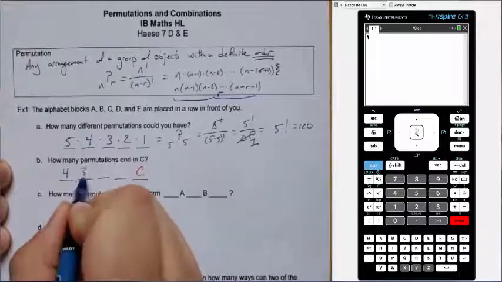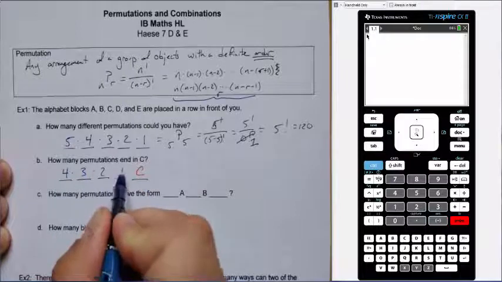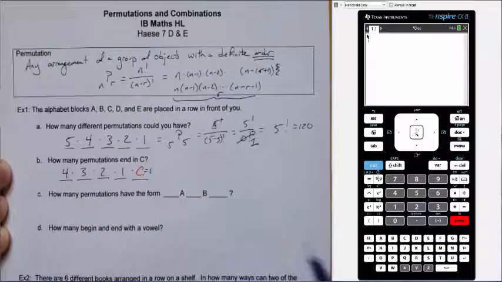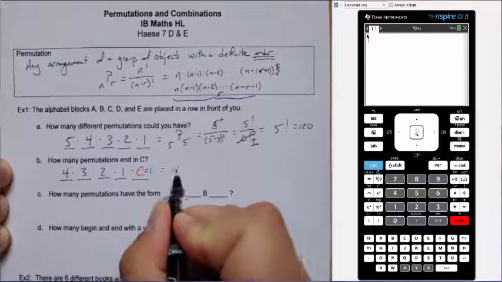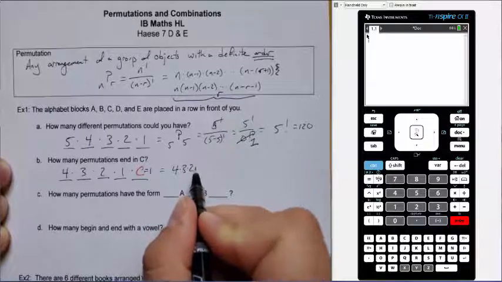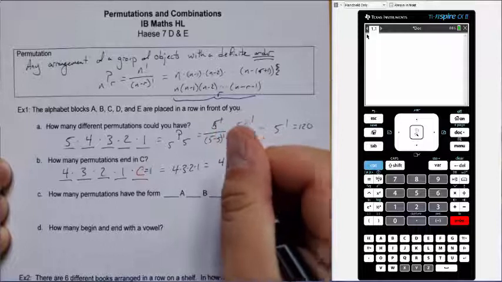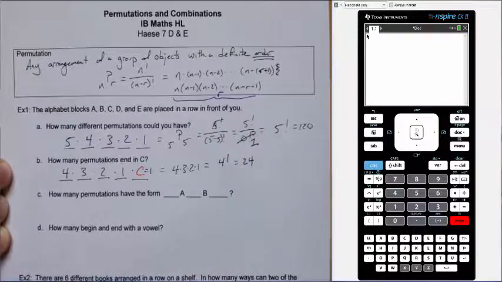Once I've chosen that, there's 3 blocks, then 2, then 1. And then there's only 1 choice for C because it's C. So this is 4 times 3 times 2 times 1, which is 4 factorial. And we saw that's 24.